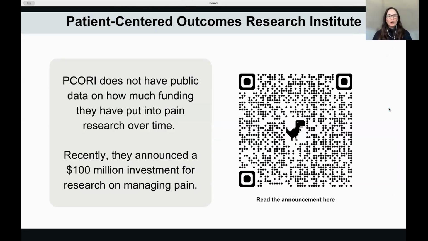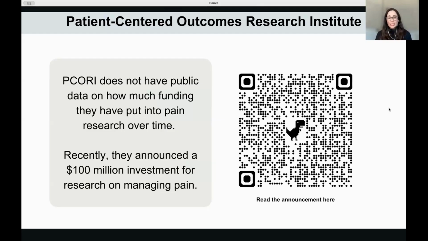So the other big funder of pain research that we'll talk about is the Patient-Centered Outcomes Research Institute, or PCORI. And so unfortunately, they don't publish their data about those exact numbers of how much funding they're actually putting into pain research over time.